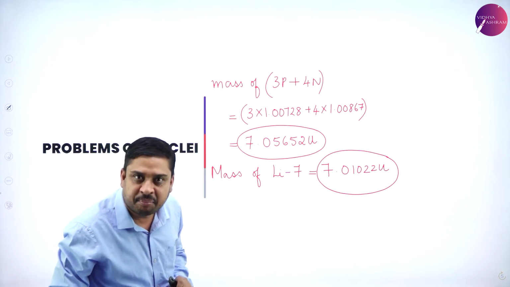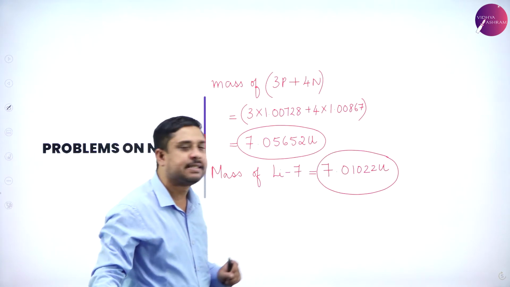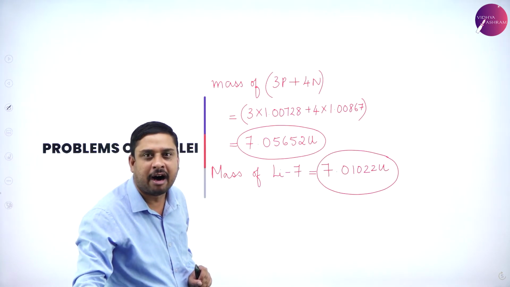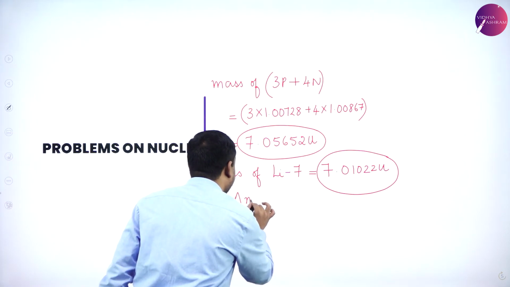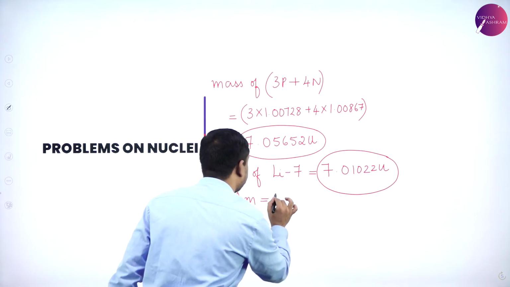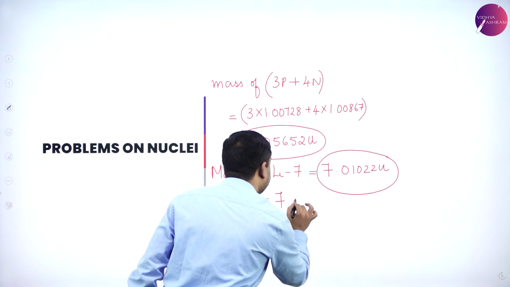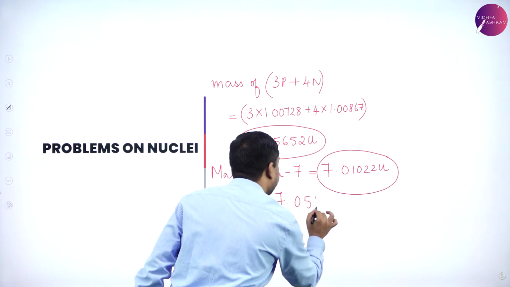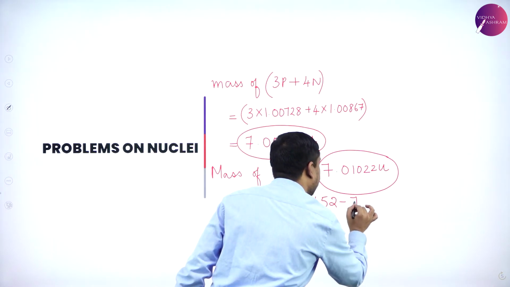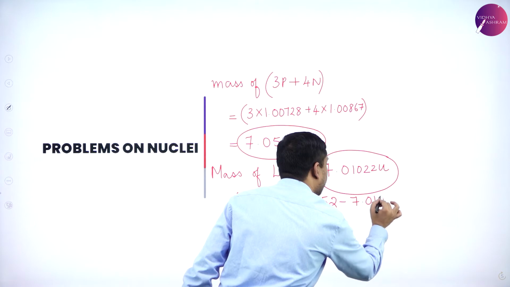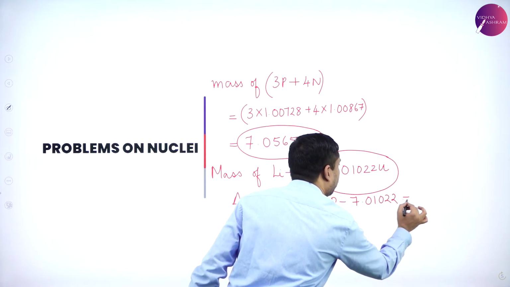So delta M, the mass defect, is 7.05652 minus 7.01022.